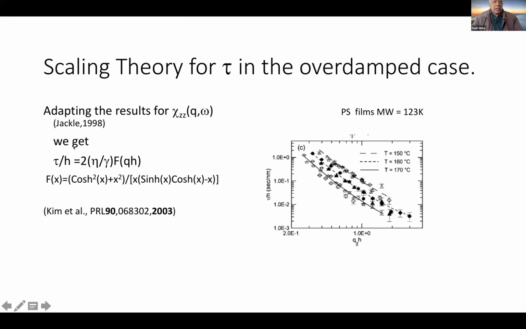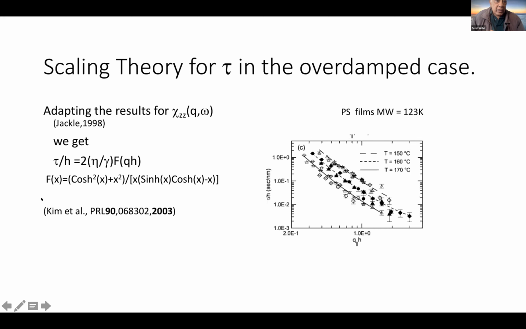And taking Jack Lee's expression, we were able to get such a formula, which has now been used by a lot of people working on capillary waves and polymer films. It's a way of measuring the viscosity of a thin film if other techniques are not suitable.